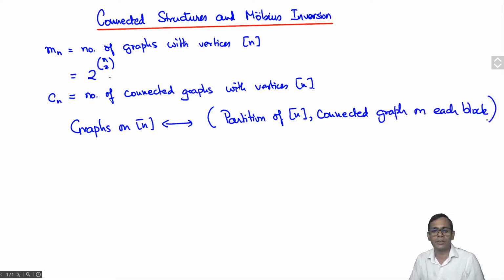If you take your set and partition it somehow and put a connected graph structure on each block, then you would get a graph on the set 1 to n.